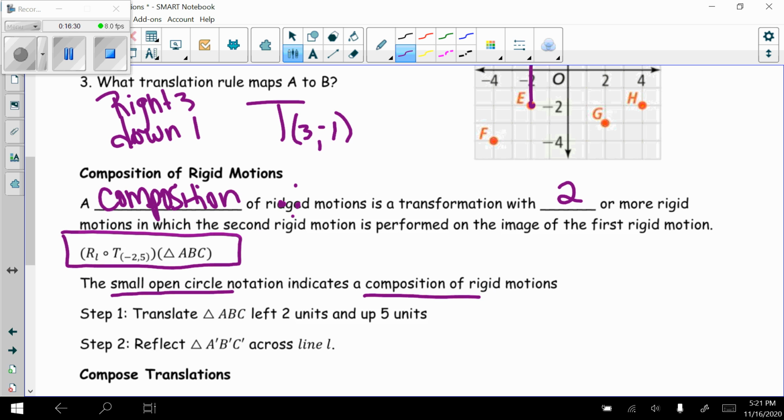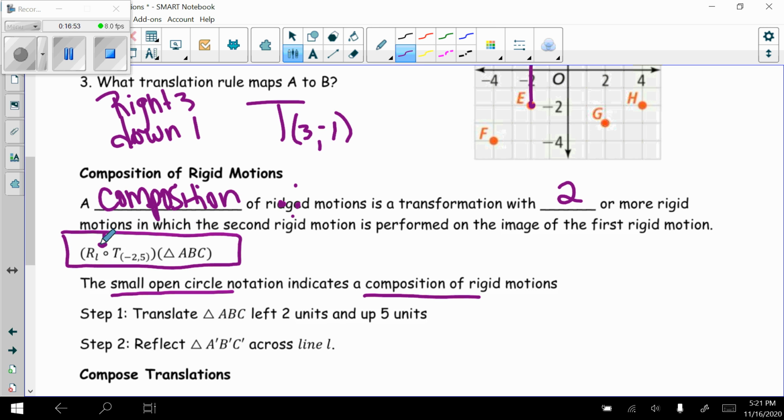So anytime you see that small open circle, it means a composition. So this is read as the reflection, because it's a capital R, reflection about line L, the composition of that reflection and the translation of (-2, 5) of triangle ABC.